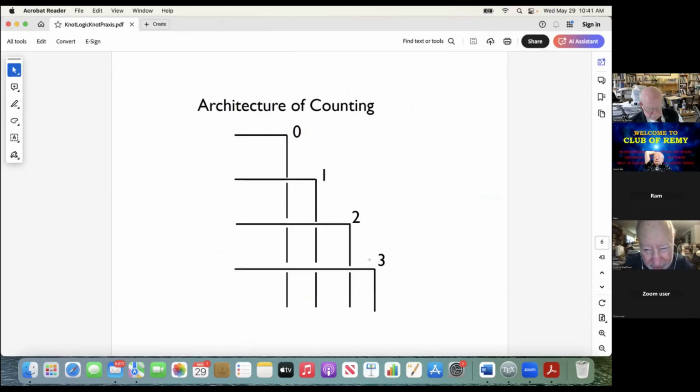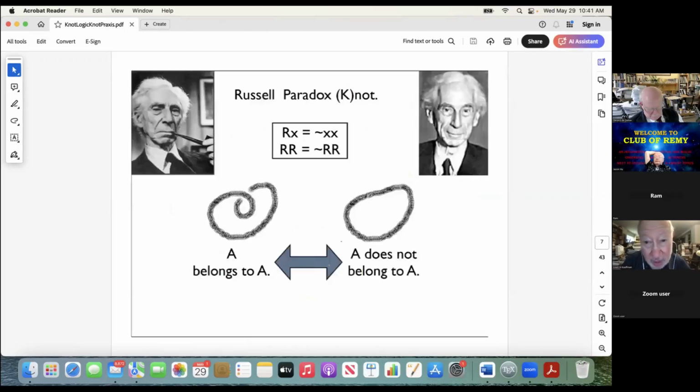And 3 has as its members 2 and 1 and 0. And so you see I've correctly named them in some sense. 1 has 1 member, 2 has 2 members, 3 has 3 members. And I'm building sets which have an appropriate number of members. This is a diagram of a well-known construction of sets with that many members.